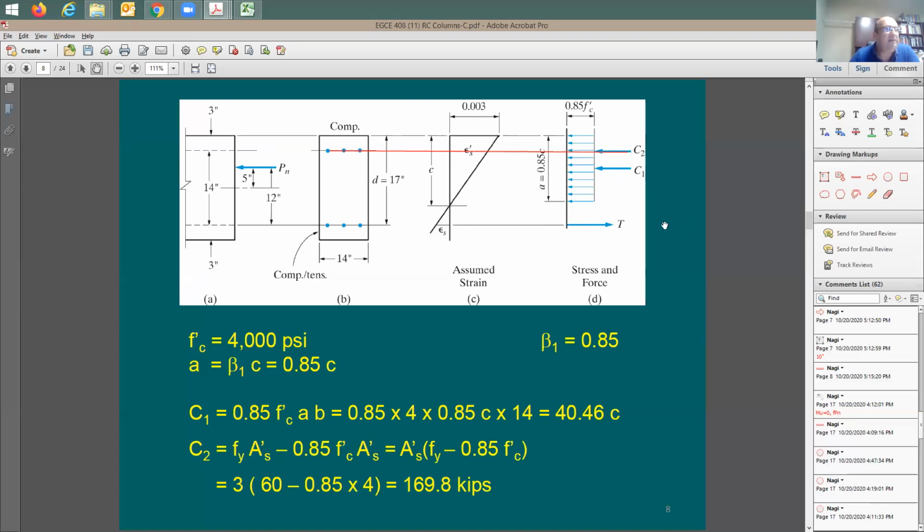Instead, we're gonna say T minus C1 minus C2 is gonna be equal to P. Otherwise, this section is unbalanced. Because what's gonna happen to this force? It needs to be resisted internally. So you can say, for example, C1 plus C2 minus the tension force is gonna be equal to Pn. It's fine. You should be able to do it also this way.